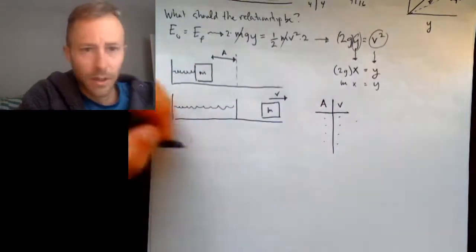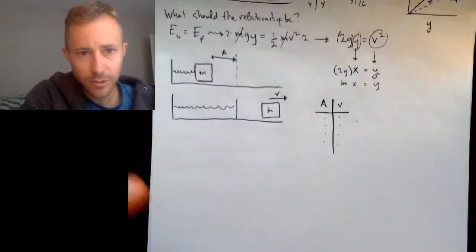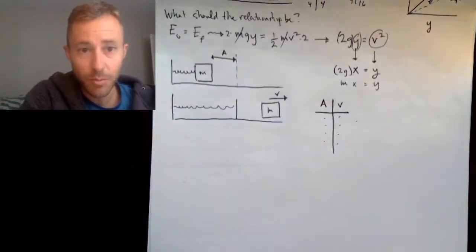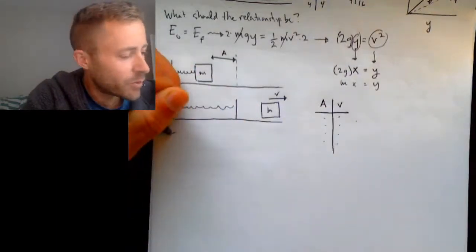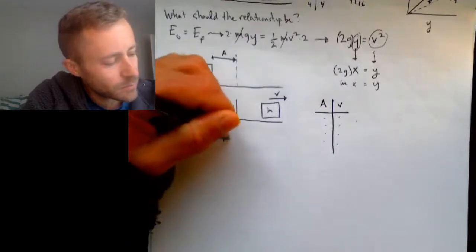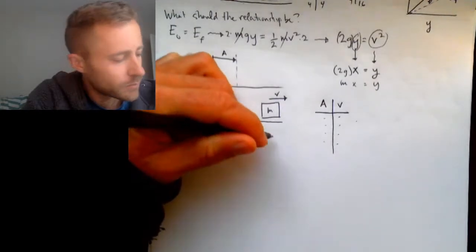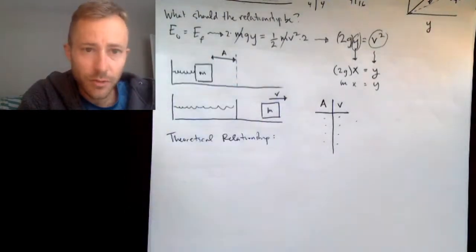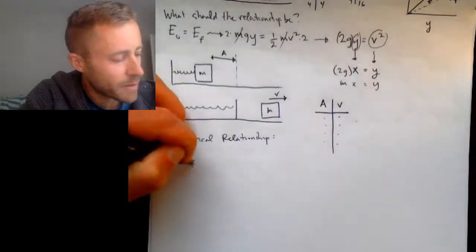So now the question becomes, what should be the relationship between these variables if we apply the equations of physics? Okay? So the theoretical relationship. Well, I use conservation of energy. So initial energy equals final energy.